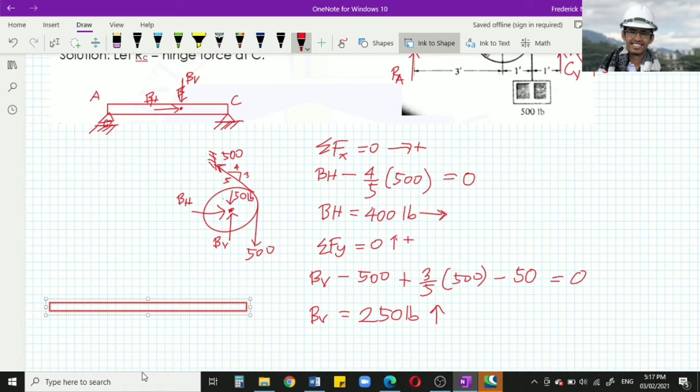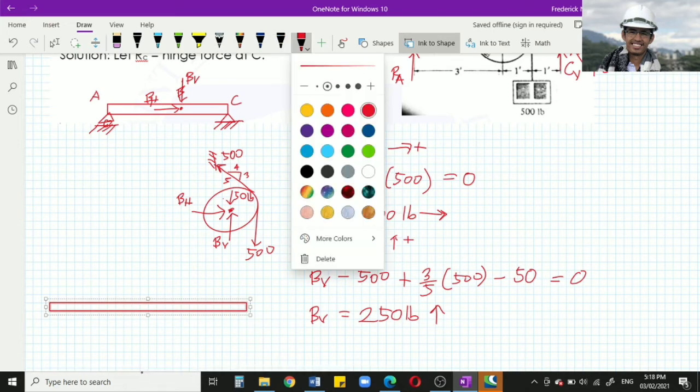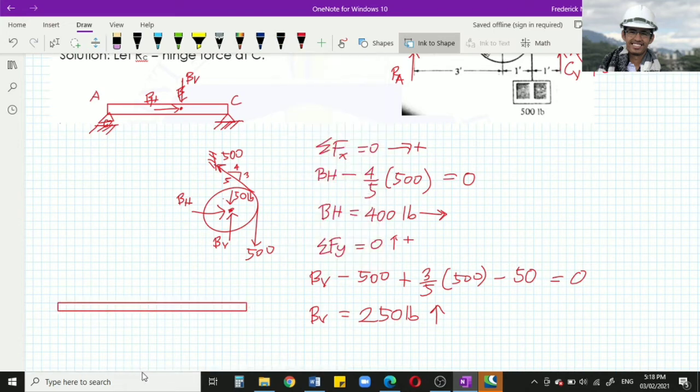So kung ito yung beam natin, and dito yung point B natin. So kapag yung reaction natin dito sa pulley, papuntang upward and papuntang right side yung ating force.